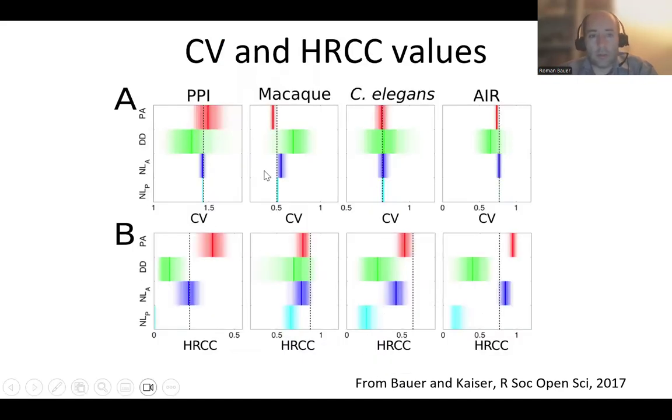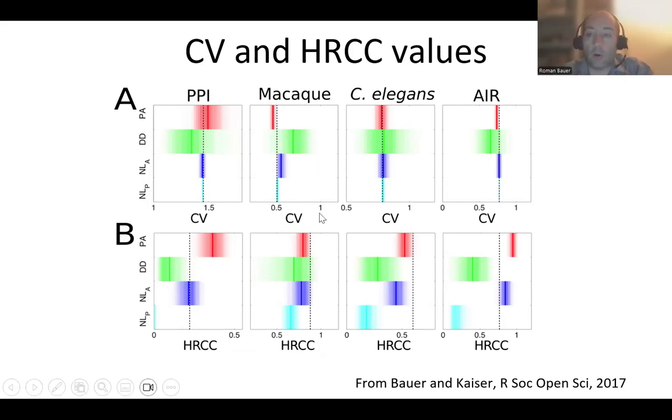So what we then did is we looked at different features of those real-world networks, like, for example, the coefficient of variation of the degree distribution, which measures how wide the degree distribution is. And then we also created our own measure called the Hub-Rich Club coefficient, which measures the tendency for hubs to preferentially connect with one another.